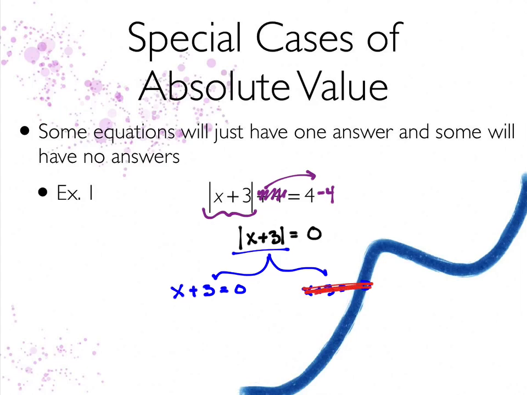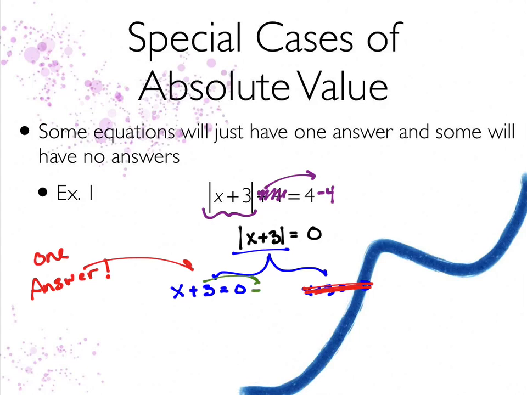So in this case, we're only going to have one answer, because I can't have two different cases where it's positive 0 and negative 0. There is no positive and negative 0. There's just one 0. So I'm only going to have one answer.